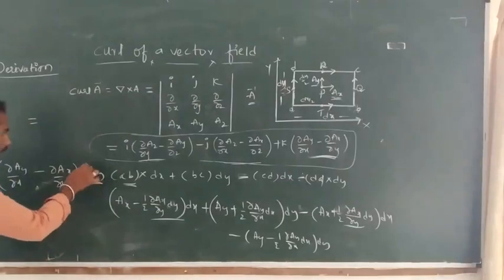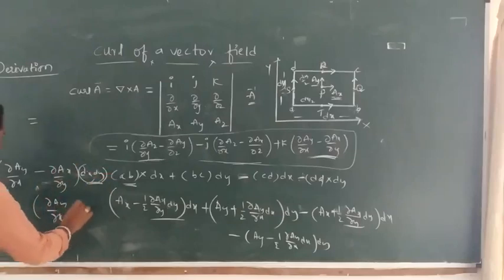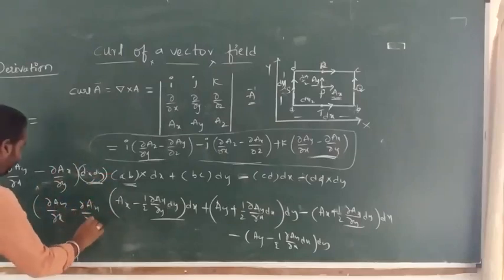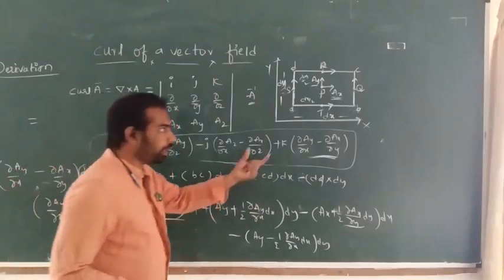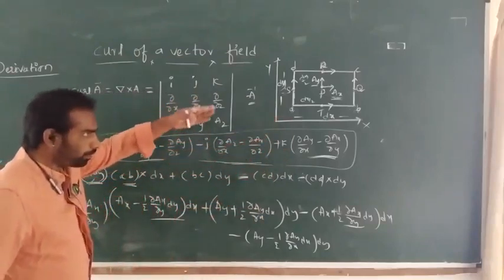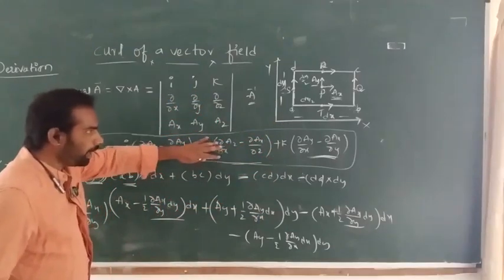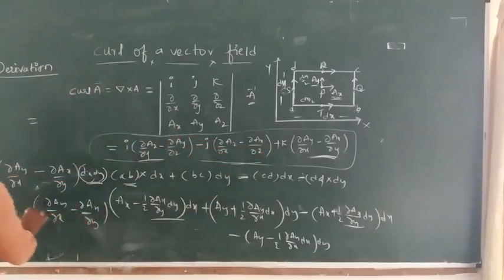If you take per unit area, the area becomes 1. So we get dou Ay by dou x minus dou Ax by dou y. That is the z component. Similarly, we can take the remaining parts.